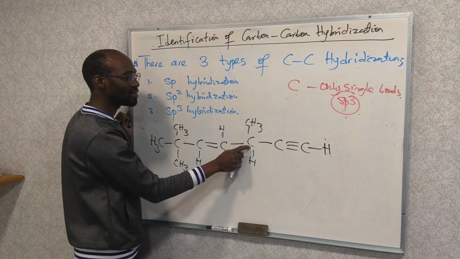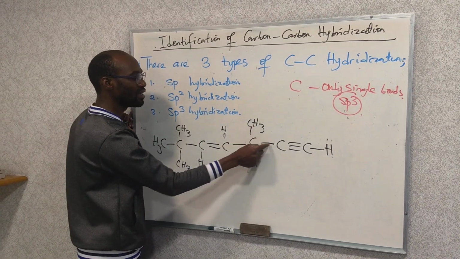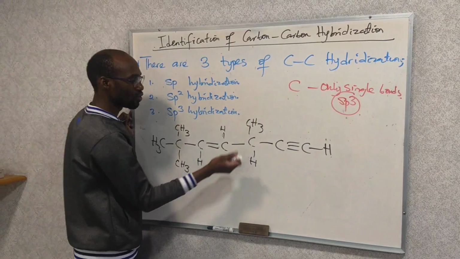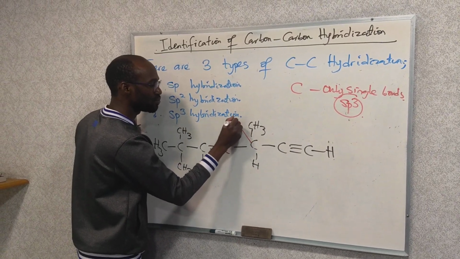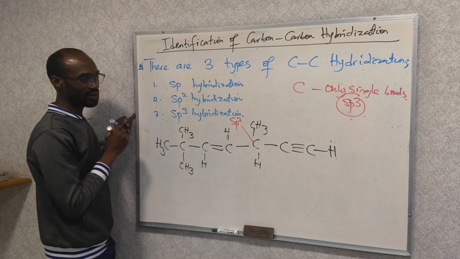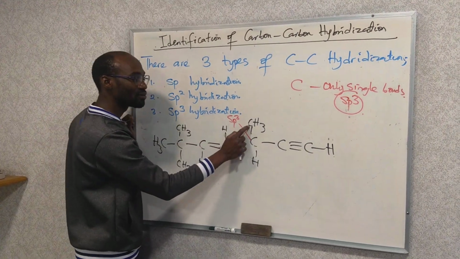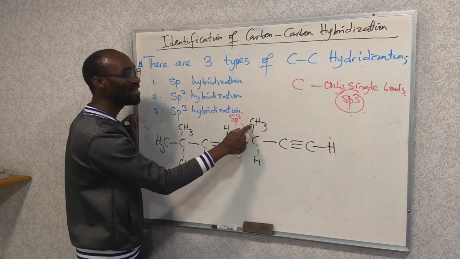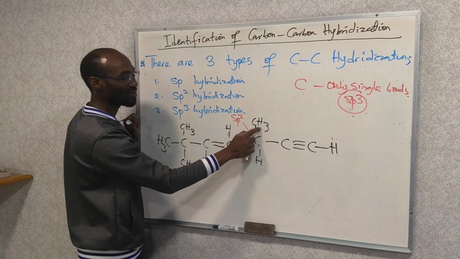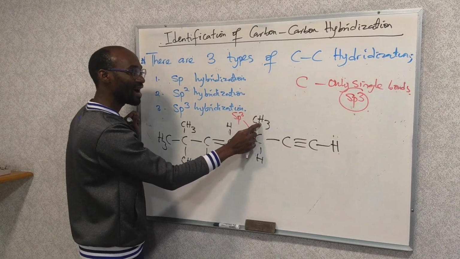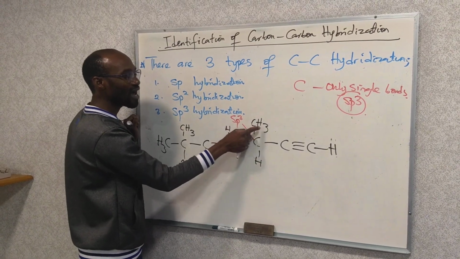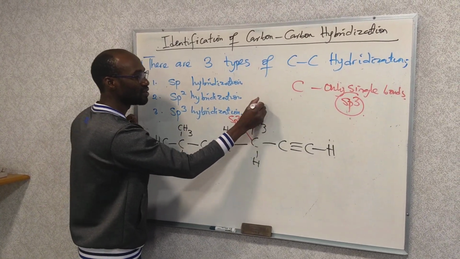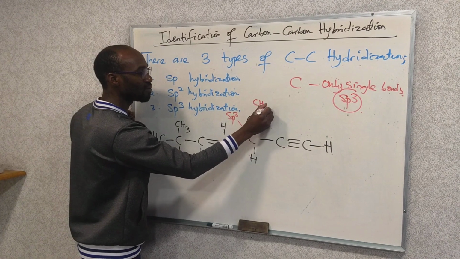Now let's come to this carbon. It is only surrounded by single bonds. So what type of hybridization do we have on this carbon? It is sp3 hybridized. This carbon is also surrounded by only single bonds because you have 3 hydrogens, and remember that hydrogen is always single bonded to carbon.